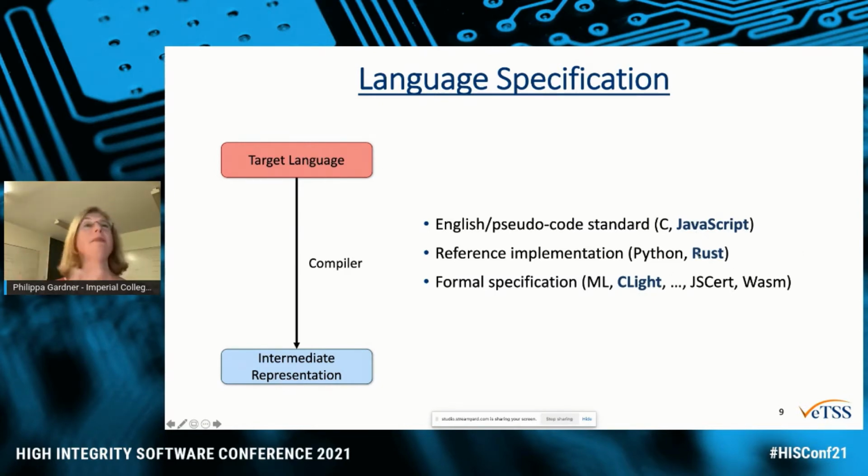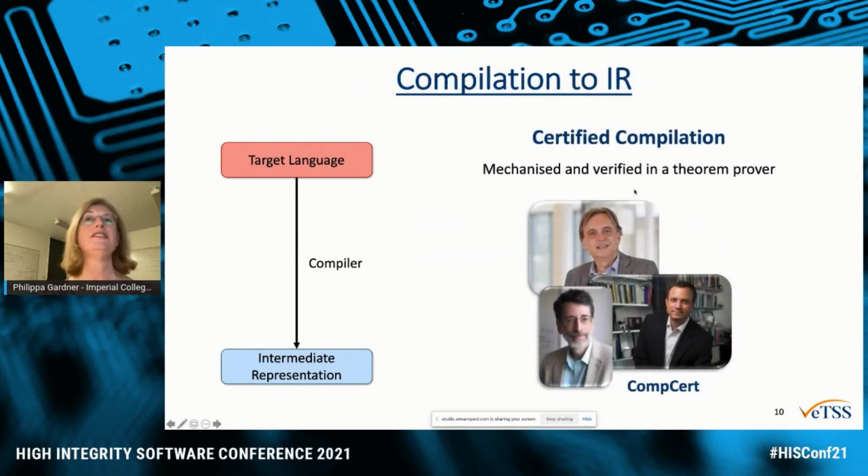So always we've been wondering, what's it mean to do this trustworthy verification in the context that we're having a compiler from the target language to the intermediate representation. So for C, we do certified compilation. And in particular, we use the verified CompCert compiler initiated by Xavier Leroy.